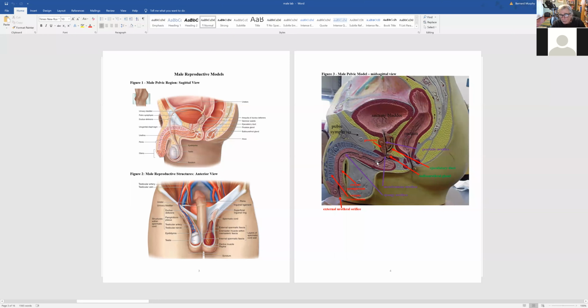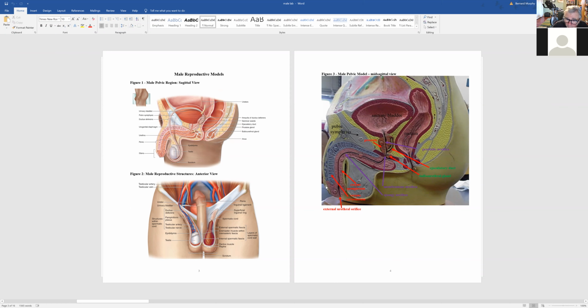It's called spongy because it goes through erectile tissue called the corpus spongiosum, in red here. Then it expands at the head of the penis into the glans penis, which is the expansion of the corpus spongiosum.